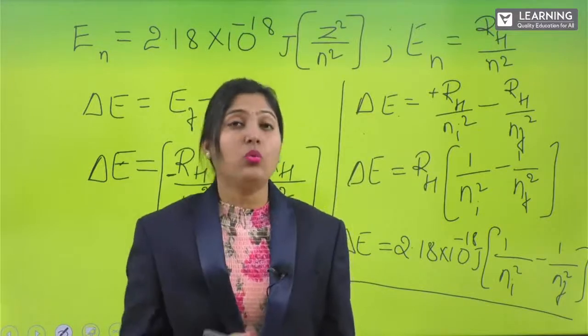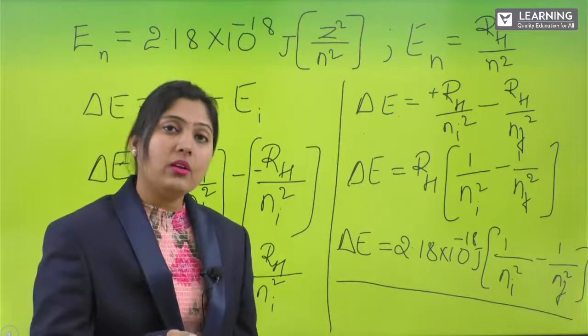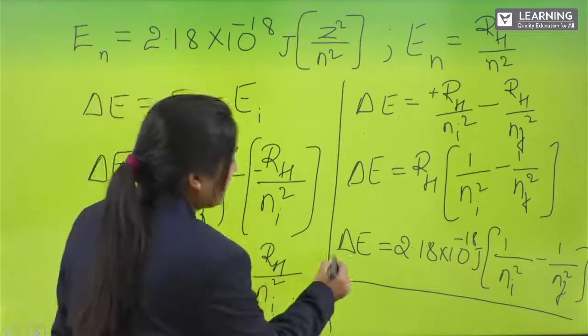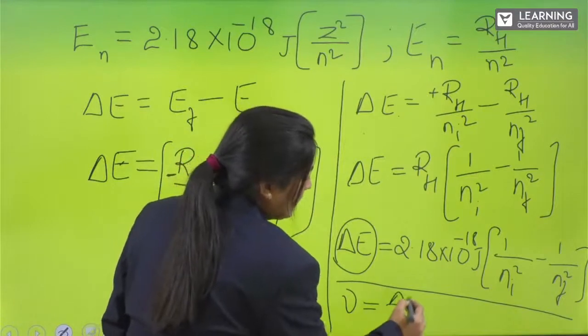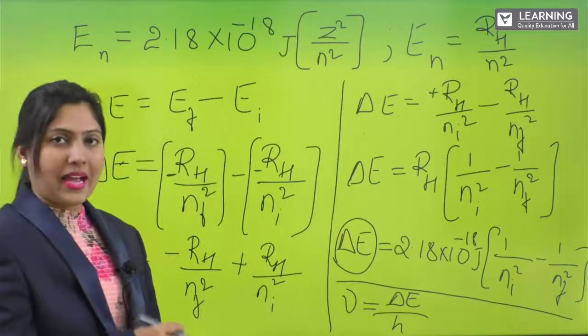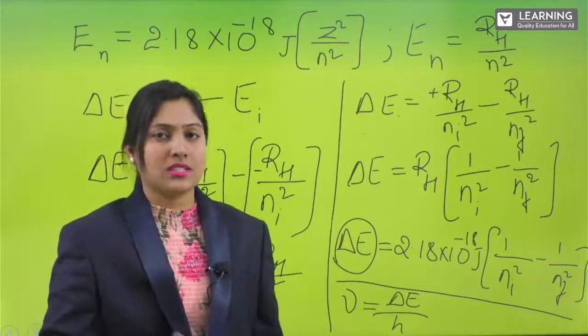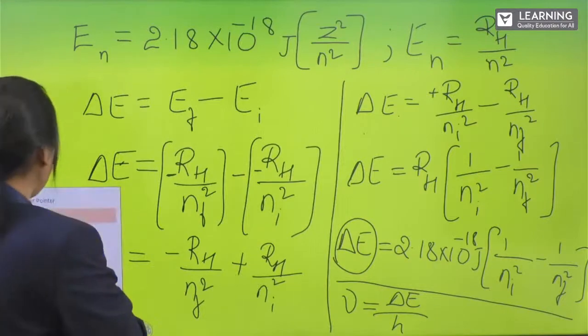Understood? Now we'll check with mu, the frequency. We know the relationship between delta E and mu. So mu is equal to delta E by h, where h is Planck's constant, 6.626 into 10 raised to minus 34. So we can get that back here.